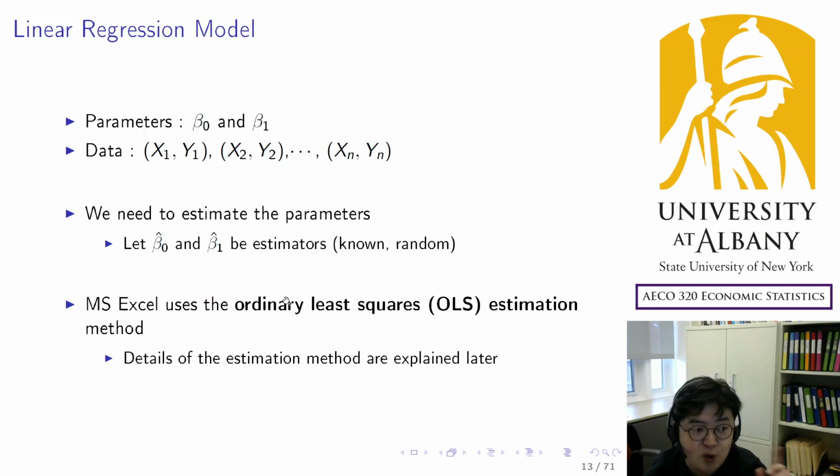By the way, we call this ordinary because it is standard. Later, when you learn more data analysis tools, there are generalized least squares, weighted least squares, indirect least squares. There are different types of least squares methods. Relative to them, it is ordinary. It is the basic method. So we call this OLS.